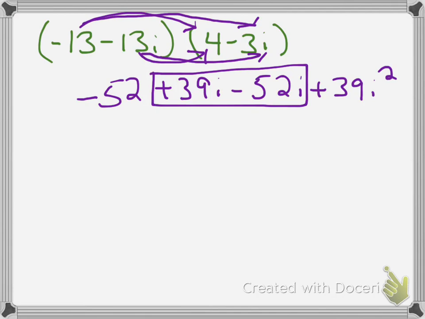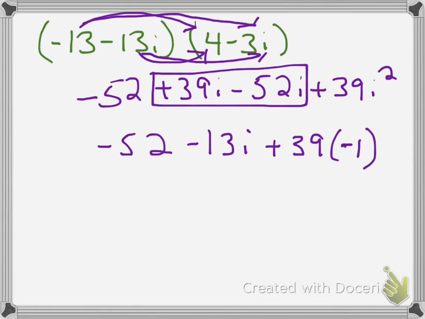Combine these middle terms, which would be negative 13i. Okay, bring negative 52 down. And what I'm going to plug in for i squared is negative 1. i squared is always negative 1. If I distribute that, that's going to be negative 39.